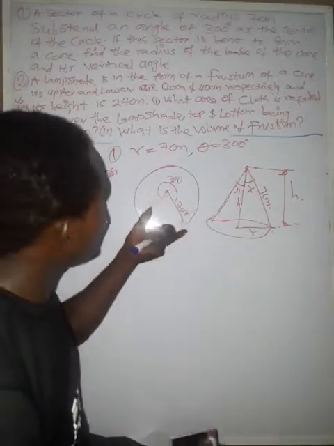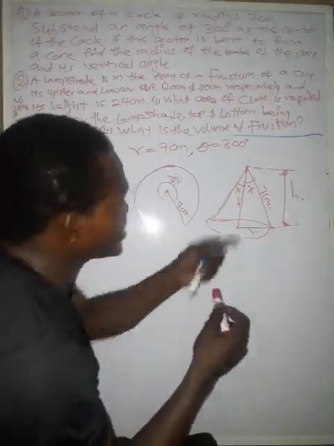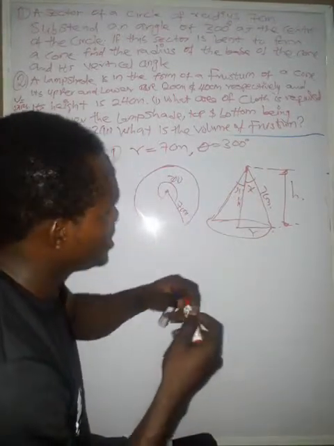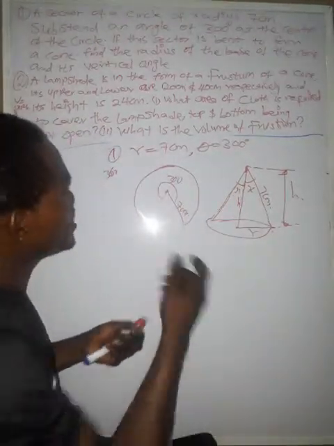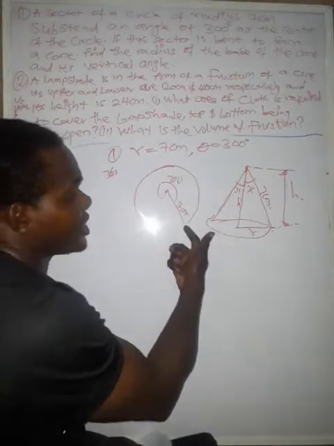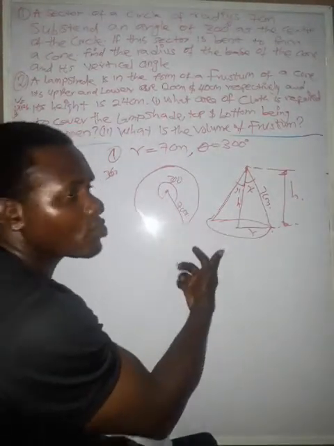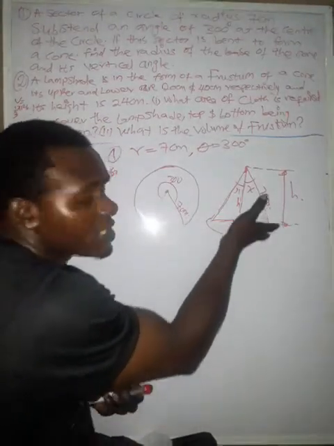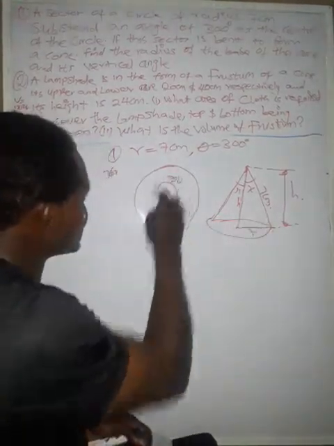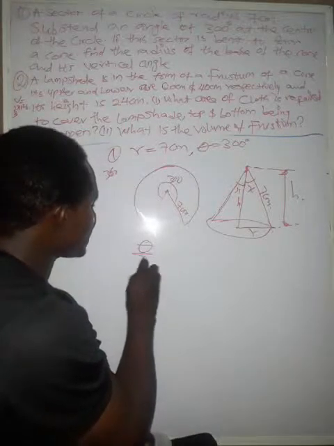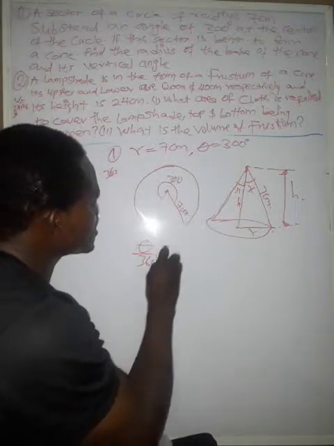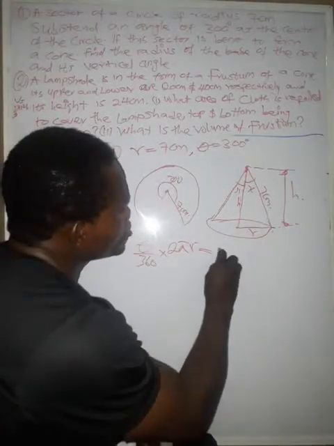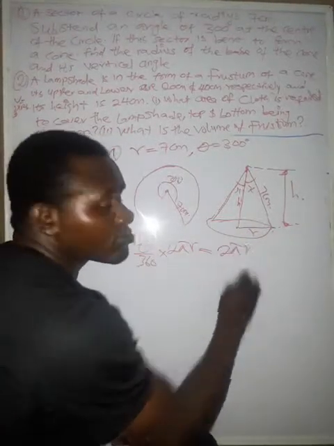Now, how do I first get this one? I need to get this before I can do anything here. From the relationship I mentioned earlier, I can calculate the length of an arc, which is the same thing as the circumference of the cone. So the length of an arc is theta over 360 times 2 pi r, which is the same thing as 2 pi r.